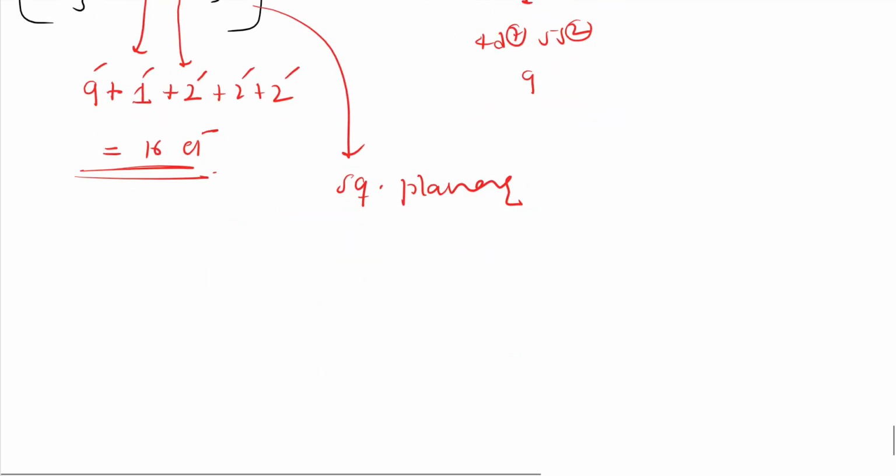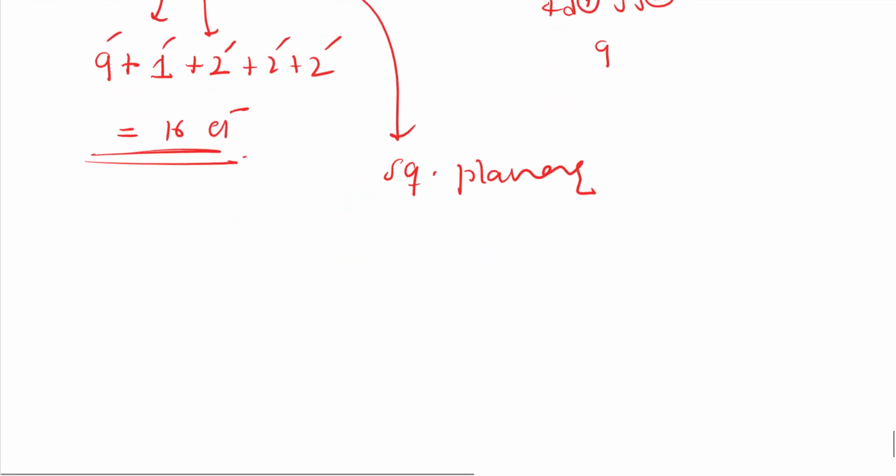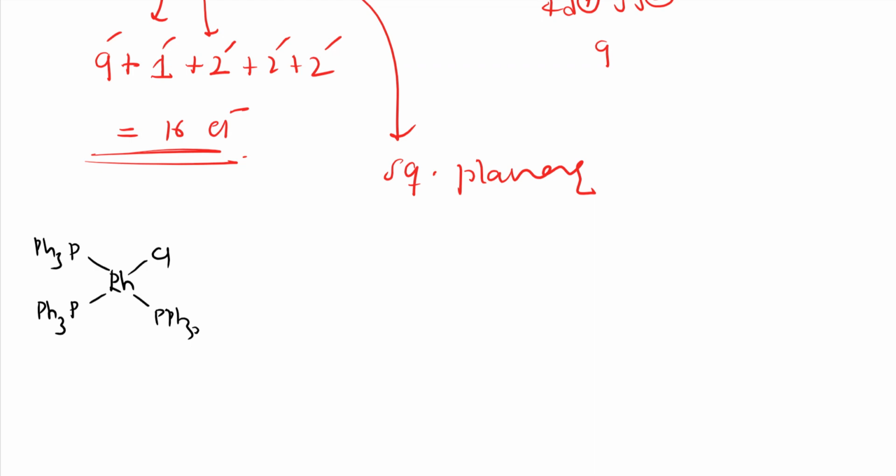If I want to explain a few more things, let us see. This is the structure of the rhodium complex: chlorine, PPh3, and here also PPh3. I hope you know what PPh3 is. The phosphorus is there, and Ph means phenyl group.